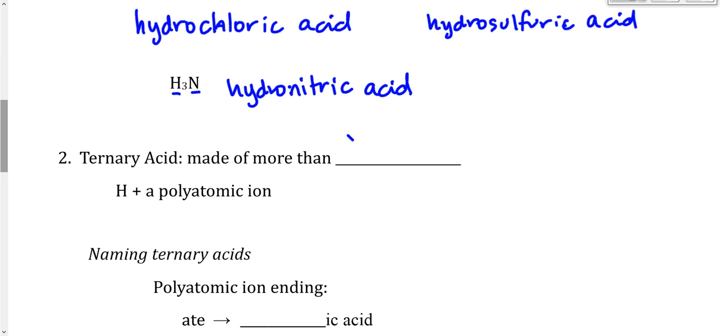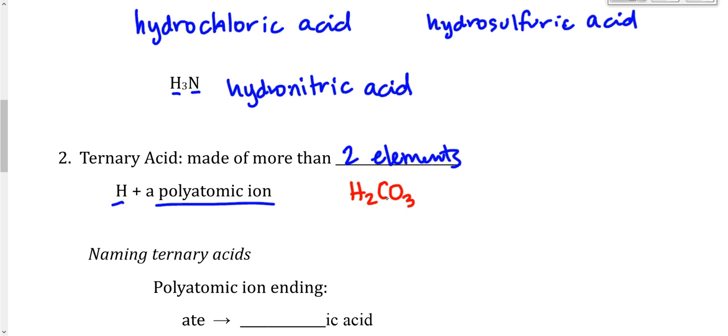Now let's talk about ternary acids. These are made of more than two elements. What this actually means is you're going to have hydrogen and a polyatomic ion, something like H2CO3, which I had in the beginning.